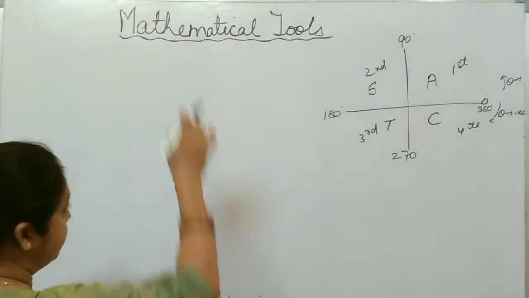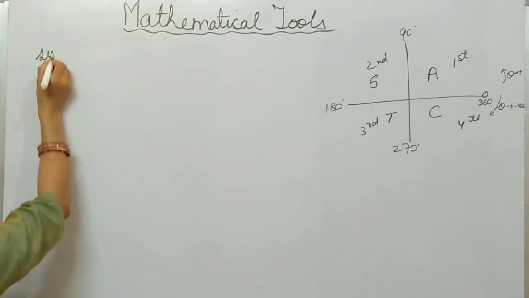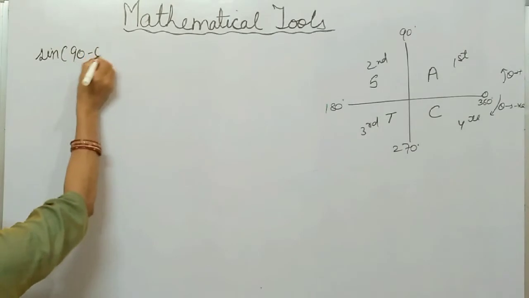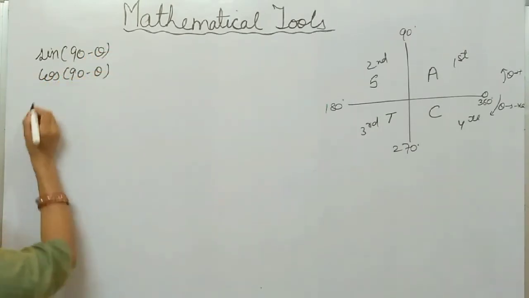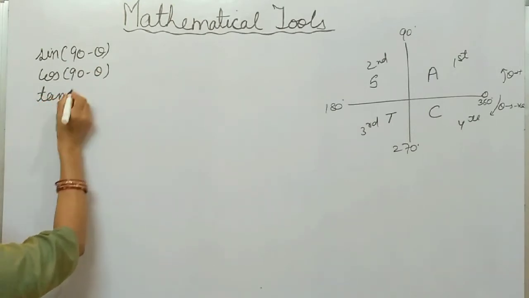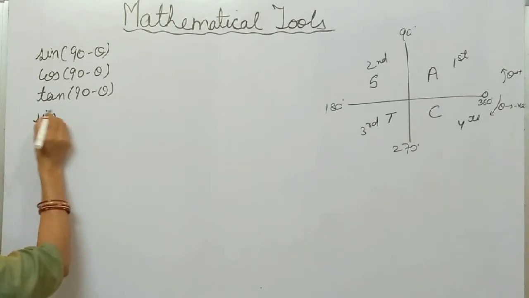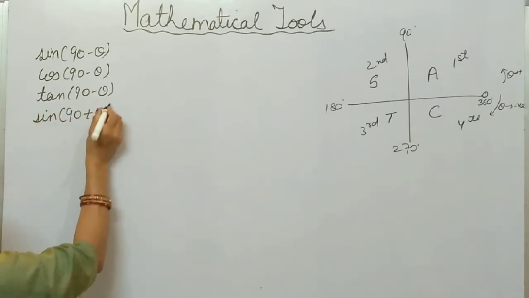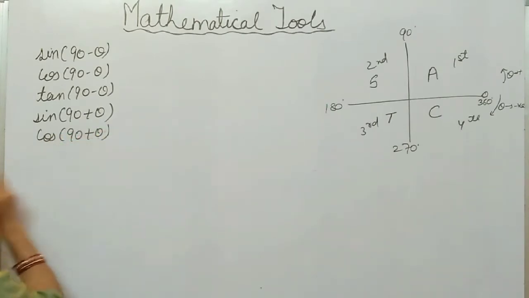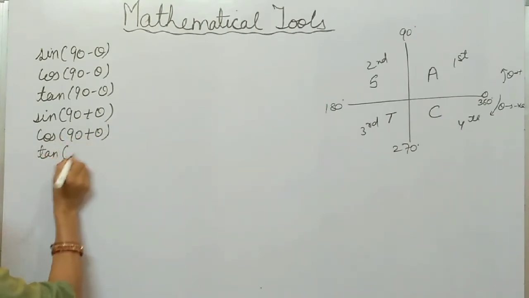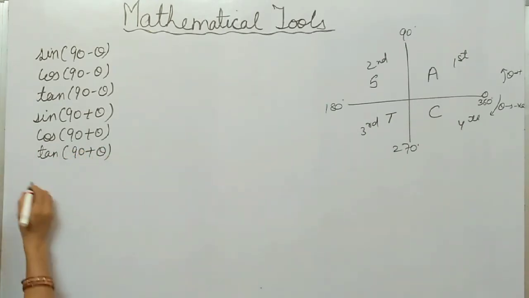So there are some values which you have to remember. Sine 90 minus theta, cos 90 minus theta, tan 90 minus theta, then sine 90 plus theta, cos 90 plus theta, then tan 90 plus theta. After 90 degree, I will write about 270 degrees.